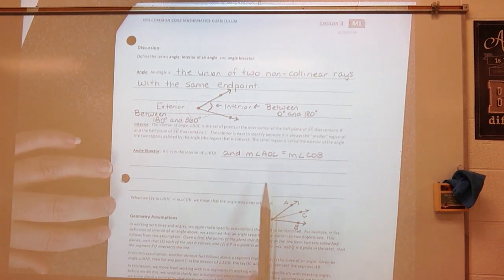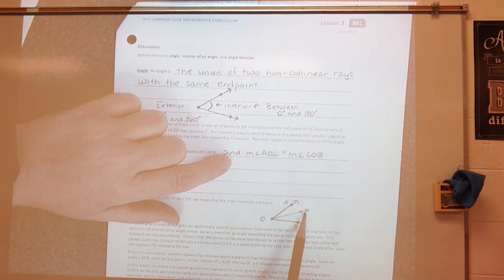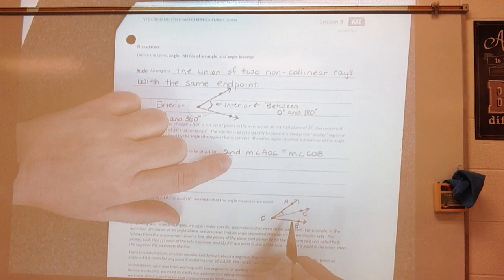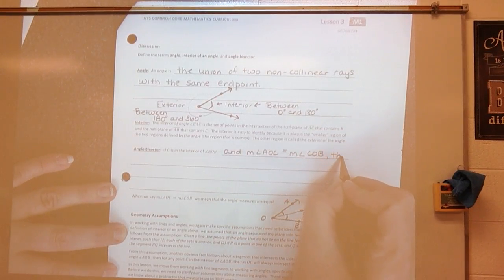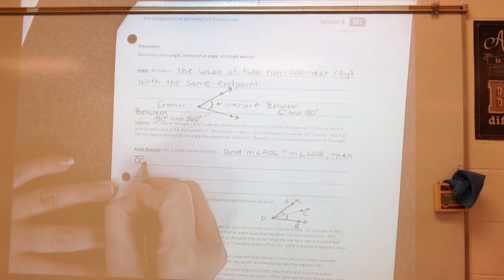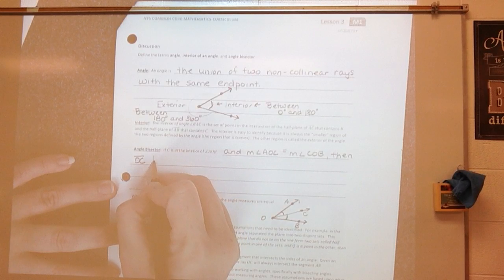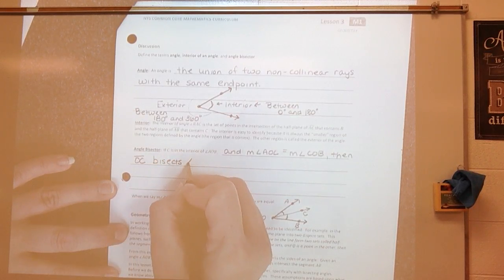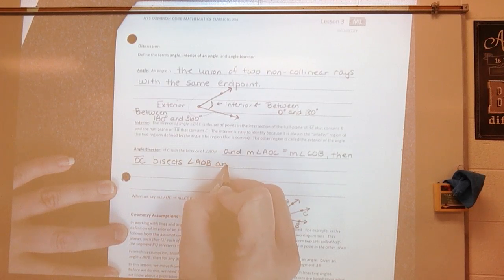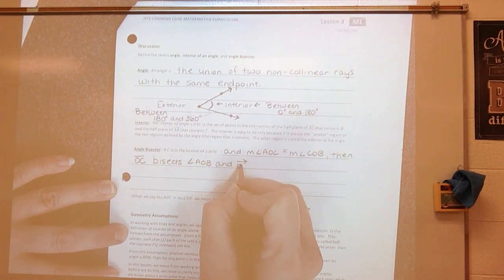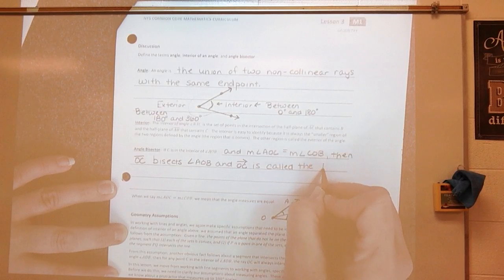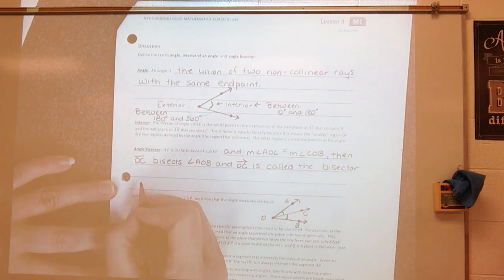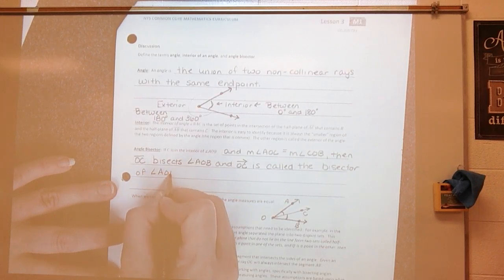So if I know that the measure of angle AOC is equal to the measure of COB, if I know that this is equal to that, then ray OC is called the bisector of angle AOB.